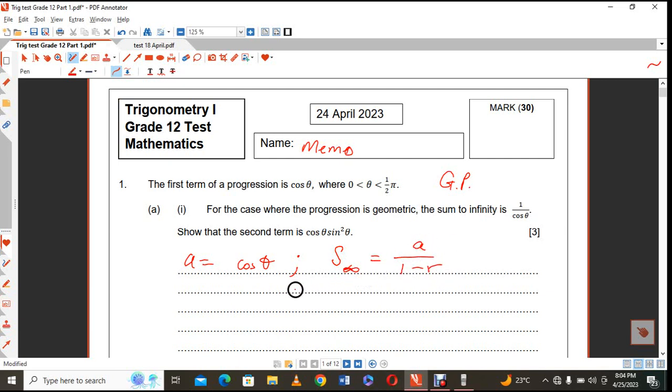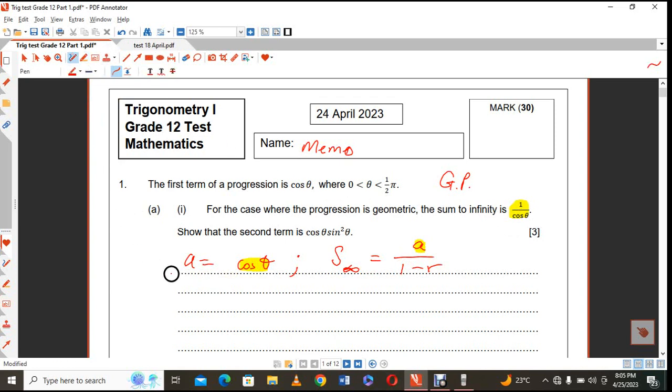And we are told that the sum to infinity is equal to 1 over cos theta. So I know that a is cos theta, so it will come here, and it must equal that.